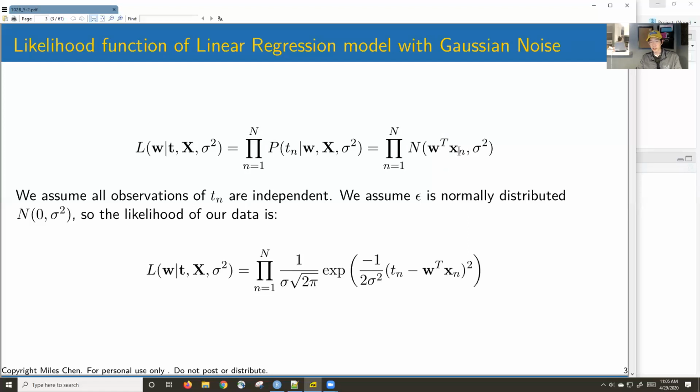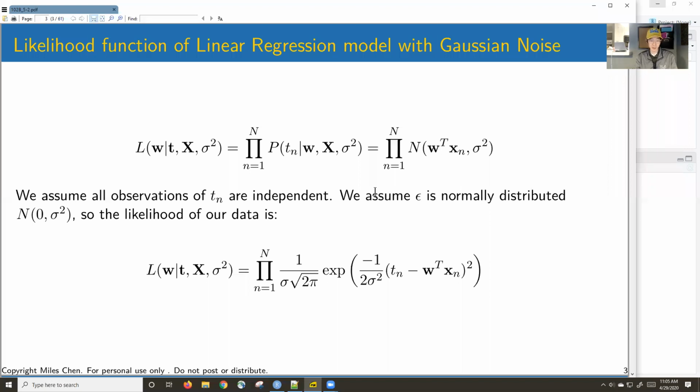We've got a normal distribution centered there with variance sigma squared. And if each value is normally distributed, then the total likelihood of all observations is the product of their normal probabilities.